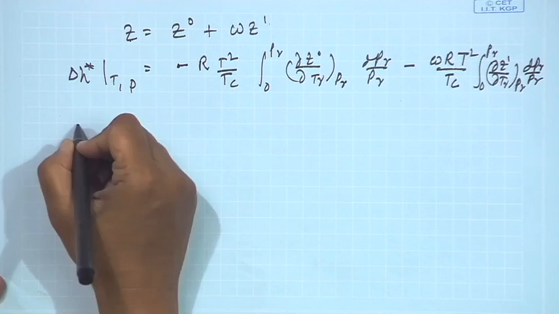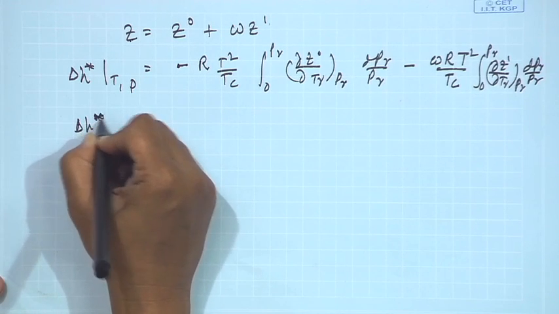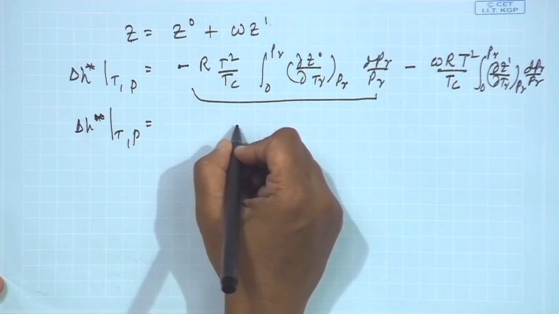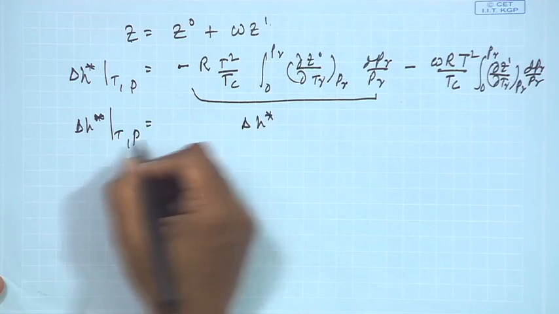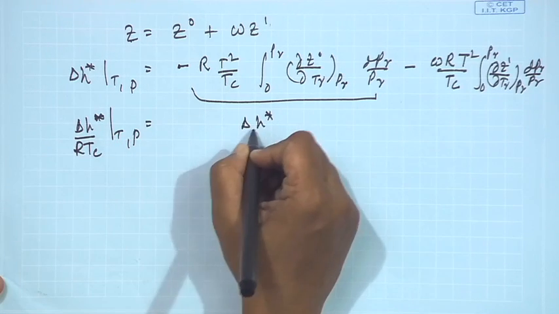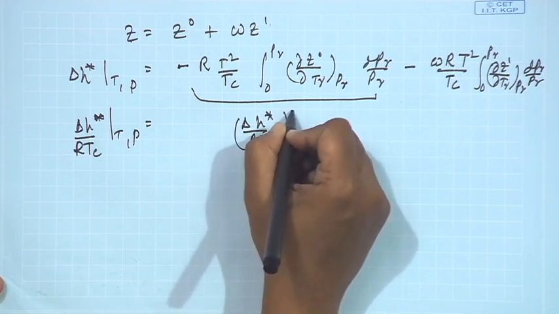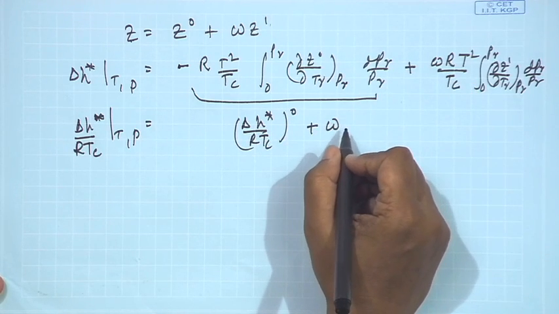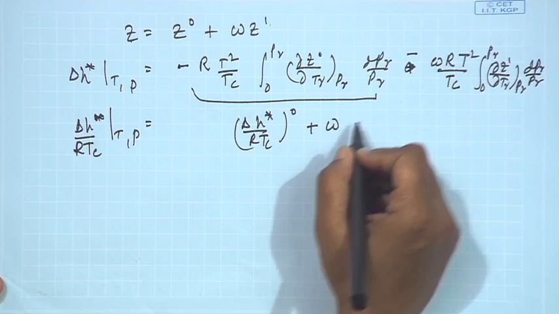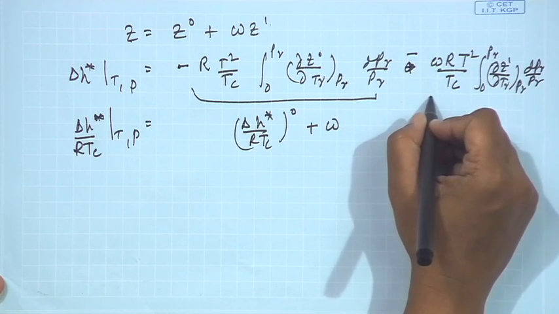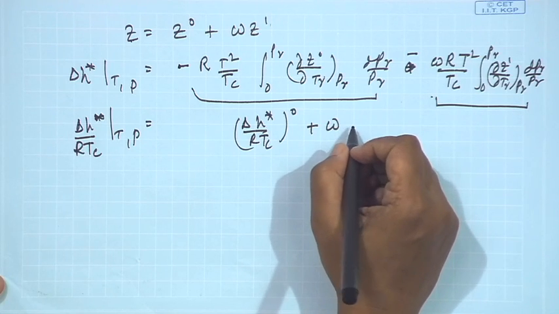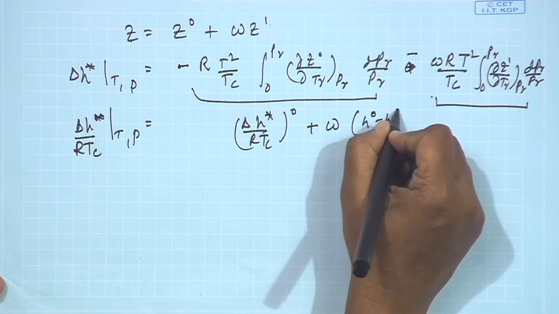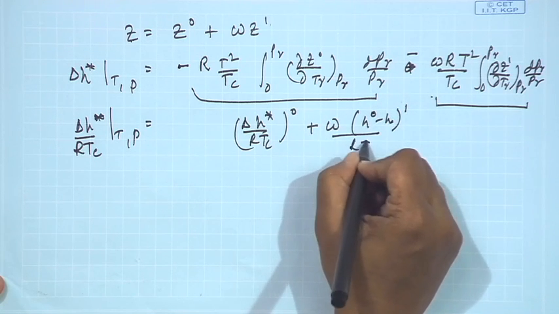Or in other words, we are in a position to write the enthalpy departure function in terms of delta H star by RTC as delta H star 0 by RTC plus omega into this particular term, which is H0 minus H1 by RTC.